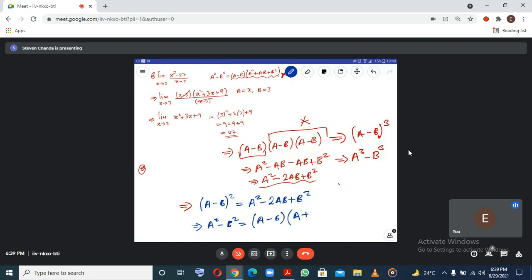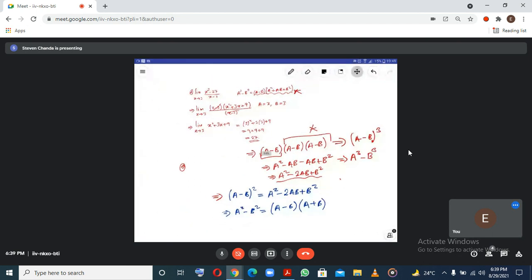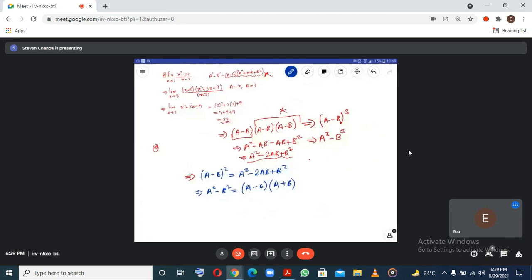And what the difference of two squares does is, when I try to expand it, what I'm going to get is, I just want to clarify this because it's a very valid question.